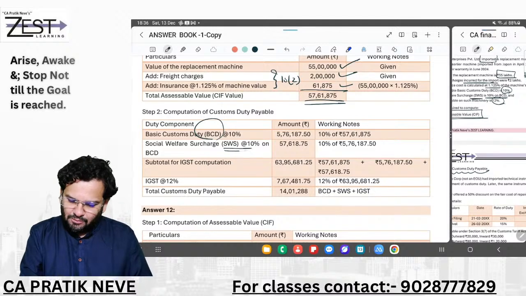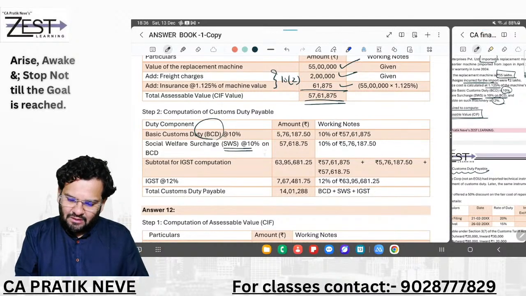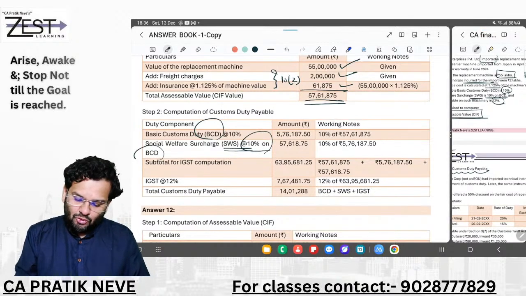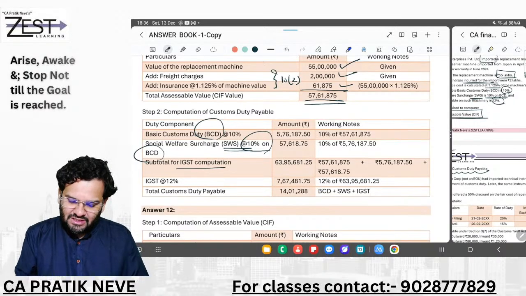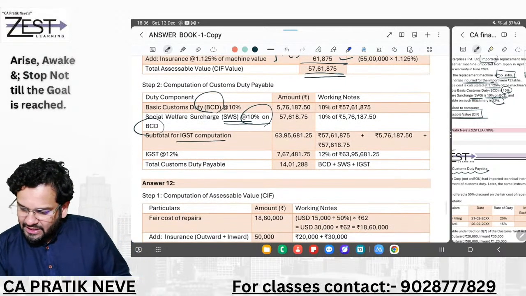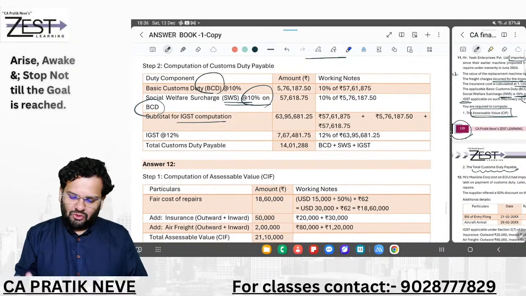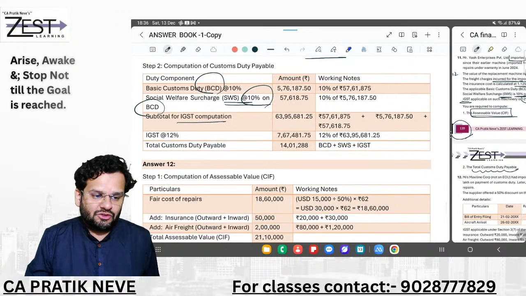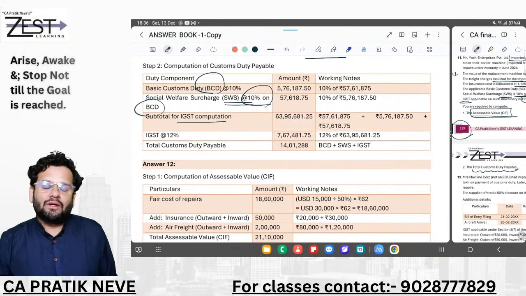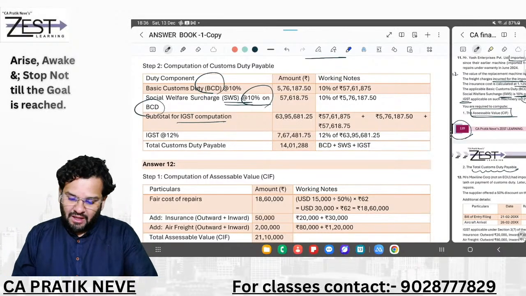Then get SWS, which is given at 10% of BCD. You will get assessable value for IGST. Then you calculate IGST at 12%. You will get total cost of imported goods, and accordingly you can get customs duties payable.